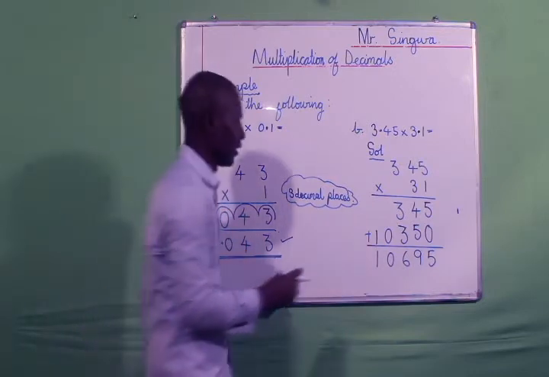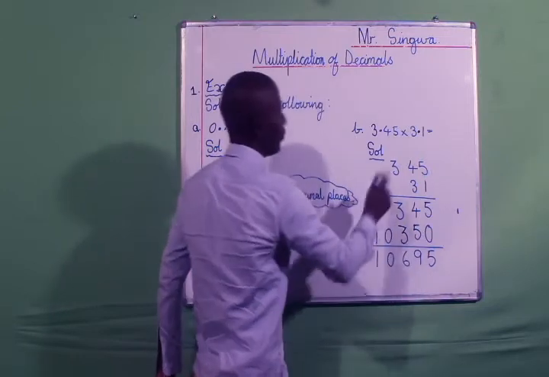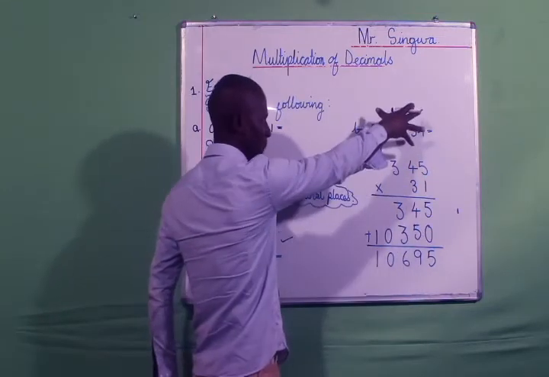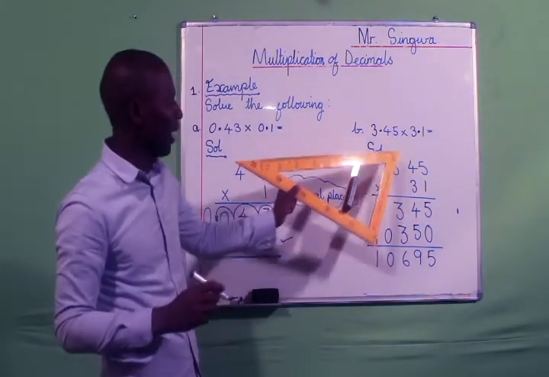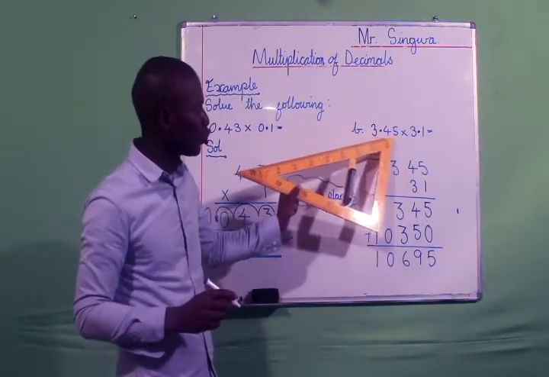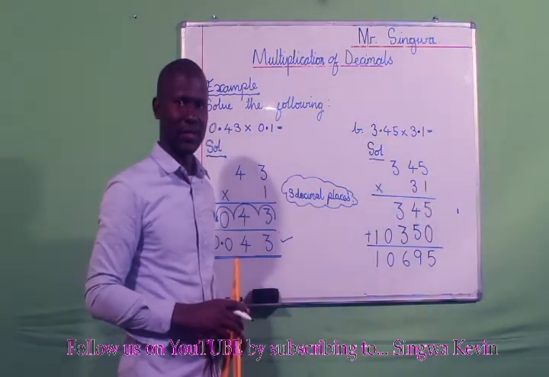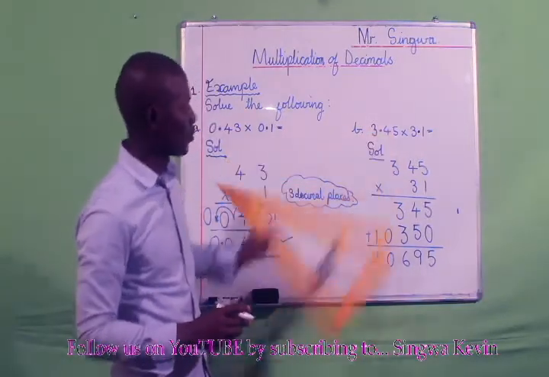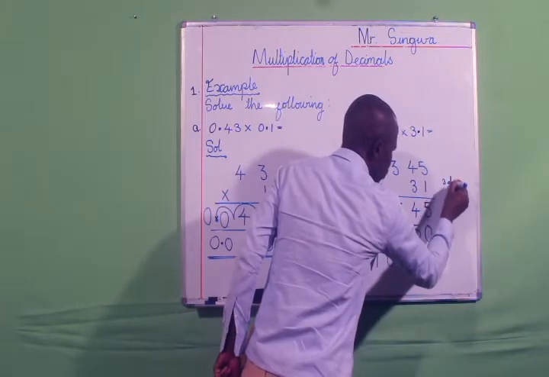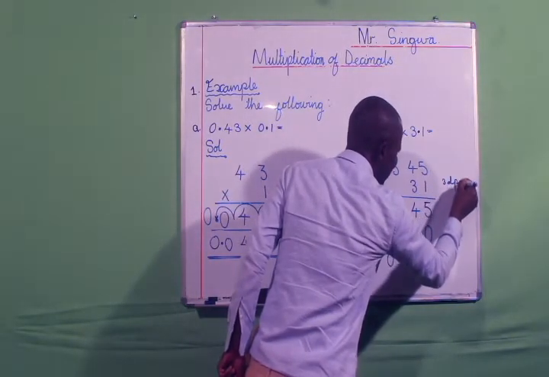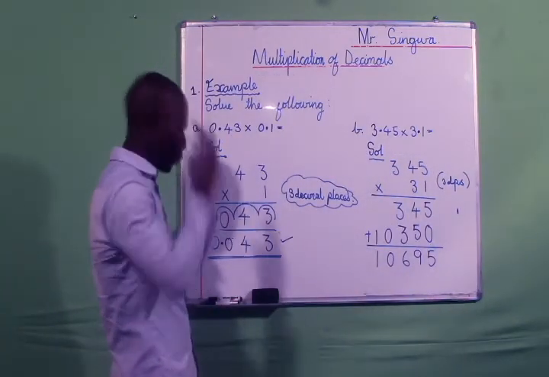The next part is for you to change this number into a decimal. This is where you need to come back to this part, which is not touched, and remember that it has 1, 2, 3 decimal places. So you write 3 DP, decimal places, to remember.